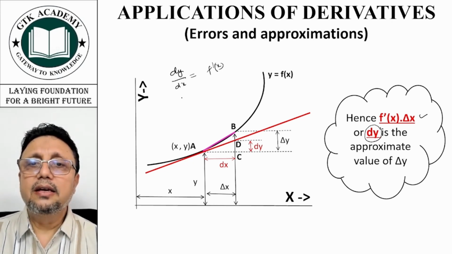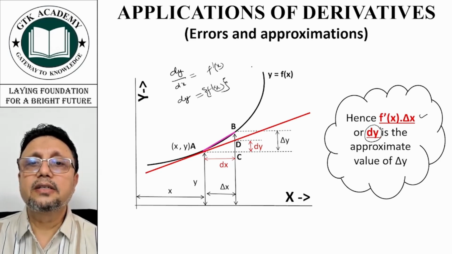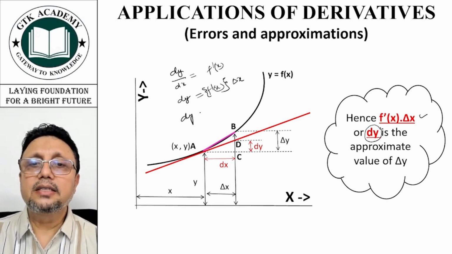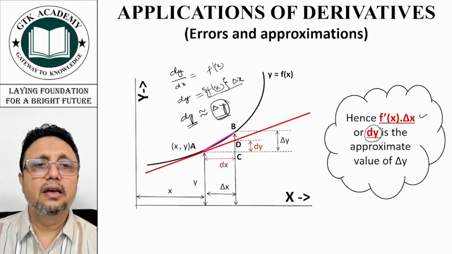See, dy upon dx is equal to f dash x. Now dy is equal to f dash x into dx. Now dx and delta x are equal. So dy is equal to this, and dy is approximately equal to delta y. So the approximate value of delta y can be written as f dash x delta x or dy.